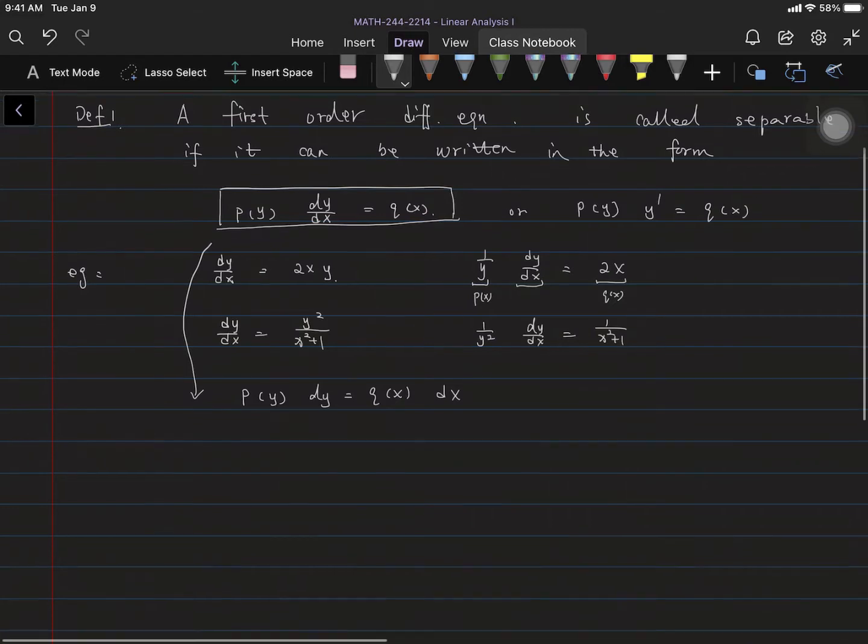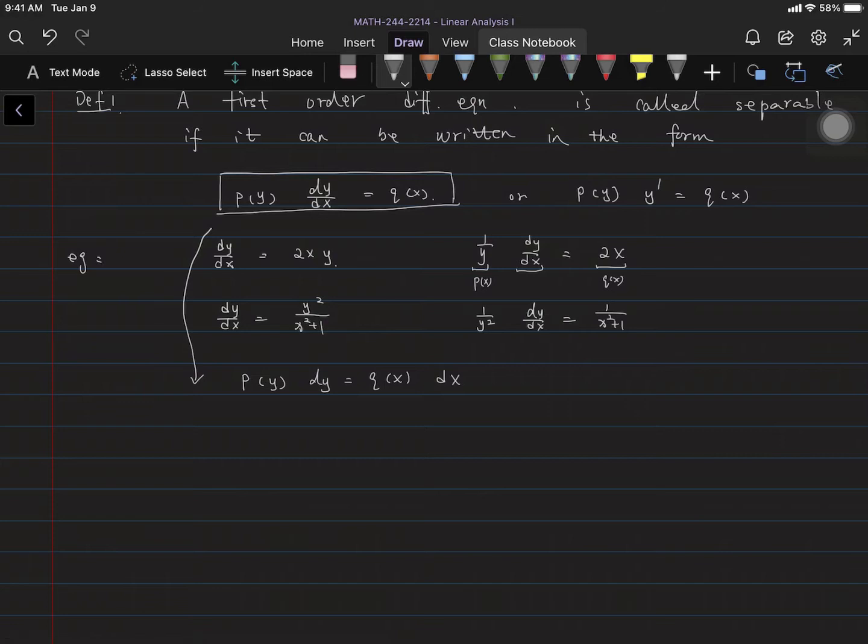Next, we are going to solve the differential equation. Before that, we have a theorem. The theorem says we can integrate both sides of the equation and find the solution. If both p(y) and q(x) are continuous, then the differential equation p(y) dy/dx equals q(x) has a general solution.